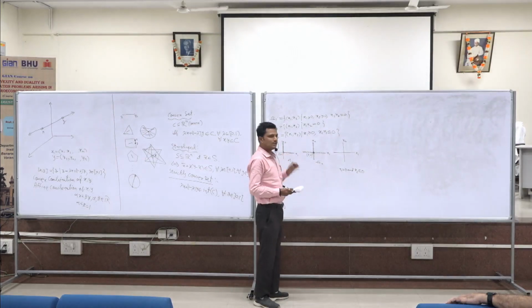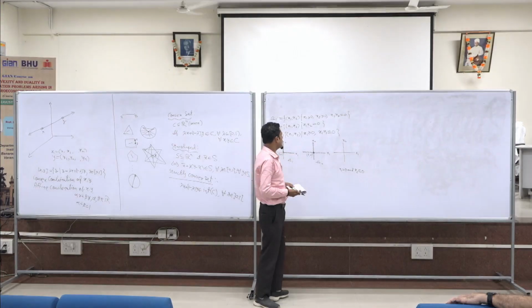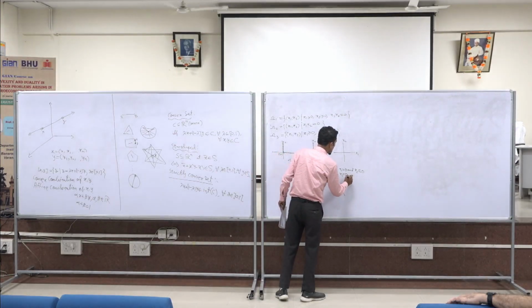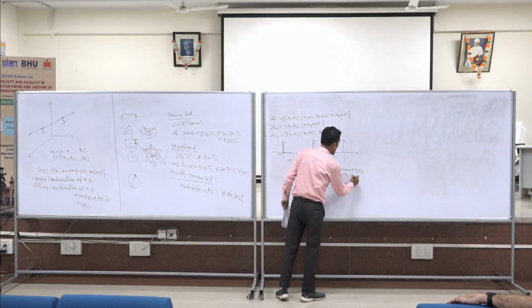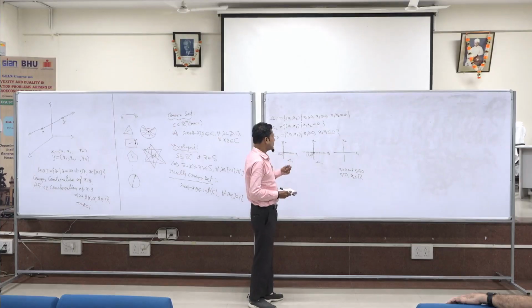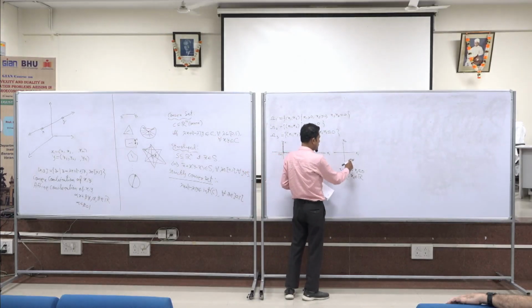And when x1 is equal to 0, there is no constraint on x2. So when x1 is equal to 0, then x2 can take any value in R. So what will be the feasible region? x1 is greater than 0 and x2 is less than or equal to 0.